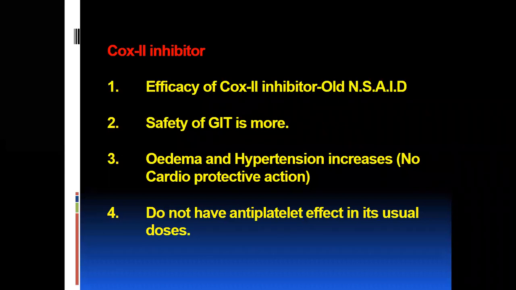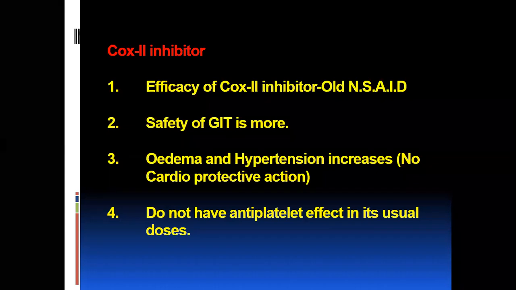Number two, safety of the GIT is greater in the case of COX-2 inhibitors. Number three, edema and hypertension increase in the case of COX-2 inhibitor drugs because there is no cardioprotective action. And number four, they don't have an antiplatelet effect in their usual doses.